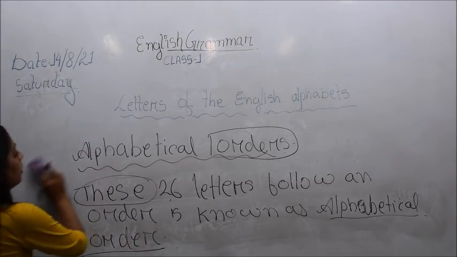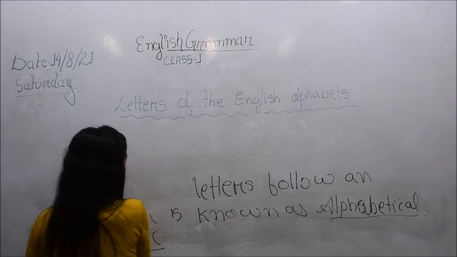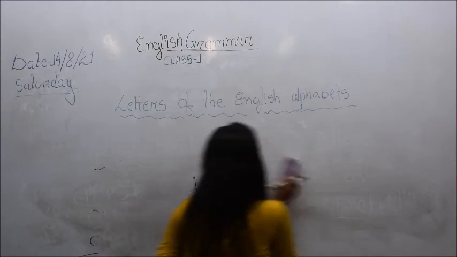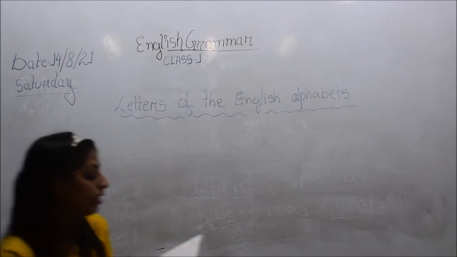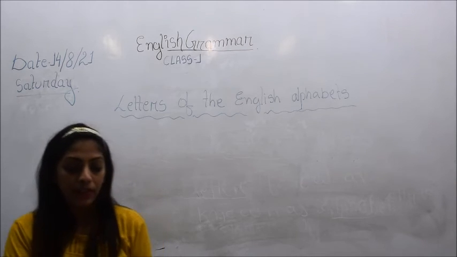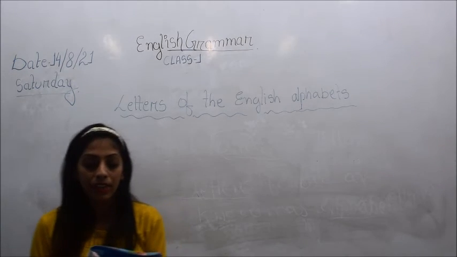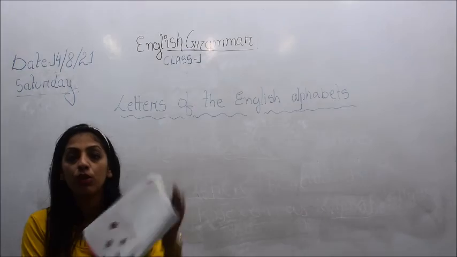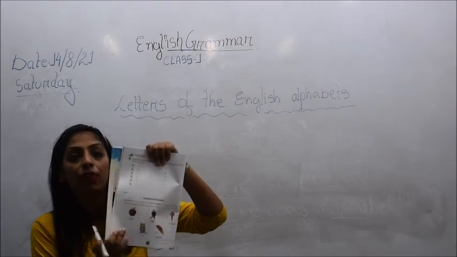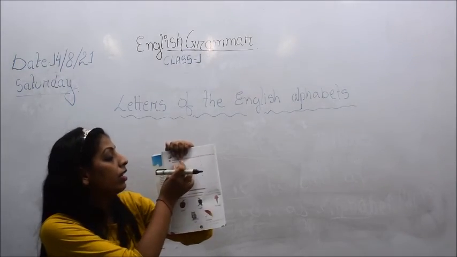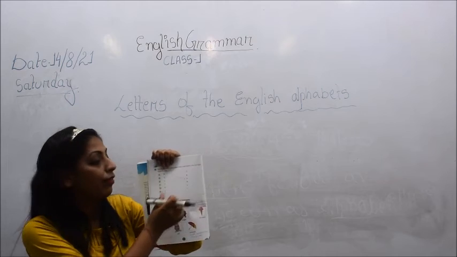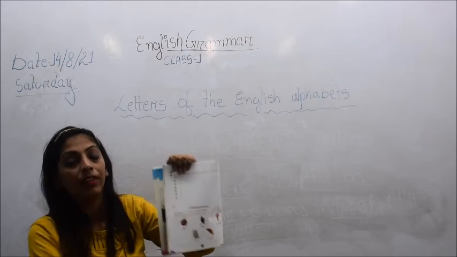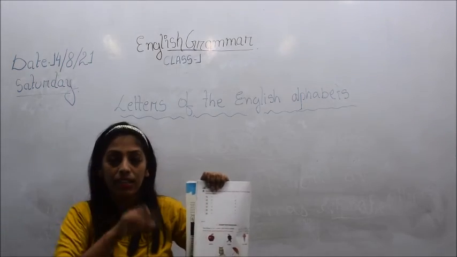So we will see page number 2 now. In page number 2 it is given: match the capital letters with their small letters. One has been done for you. All of you look into your book, children, if you have your book. Here the capital letters are given and here the small letters are given, so you have to match them.